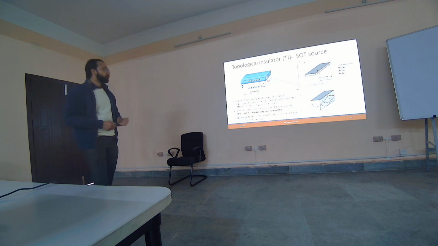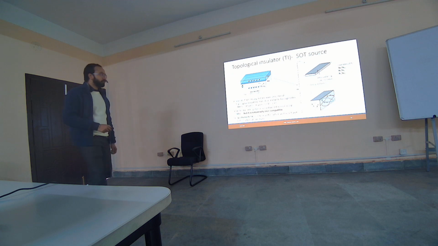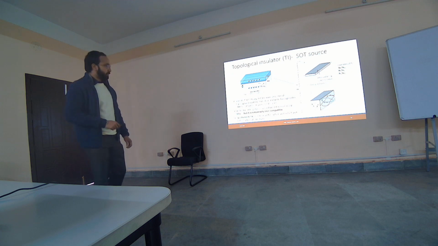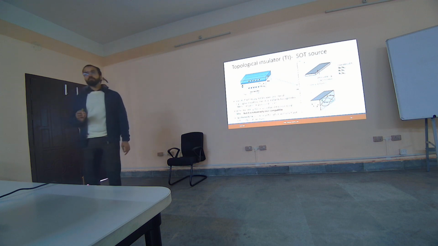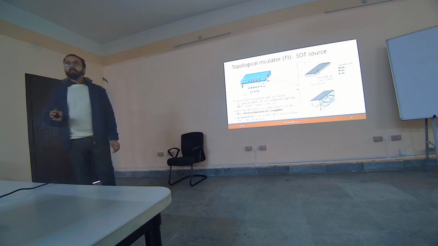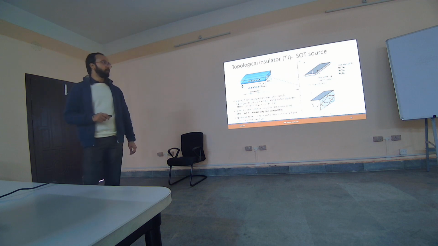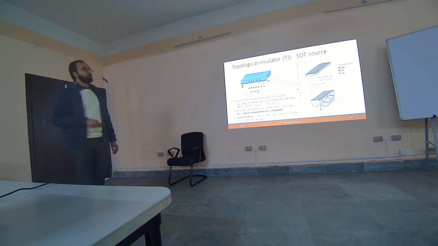Okay. So bismuth selenide is one of these examples. Bismuth telluride, bismuth selenide. These are examples of topological insulators. Okay, they exhibit this kind of property called topological insulation. So the word topological insulation actually comes from the fact that topology.